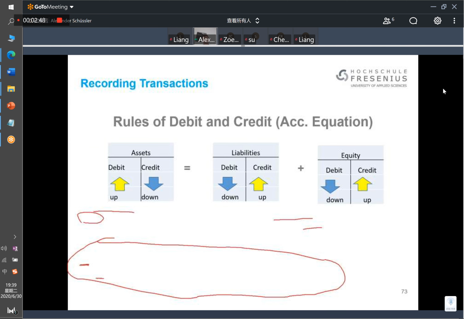Cash is an asset account; when you debit it, it goes up.